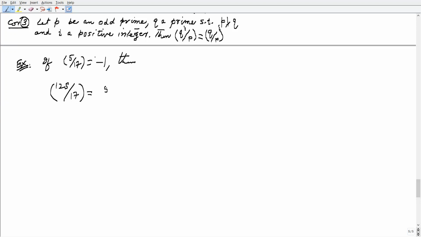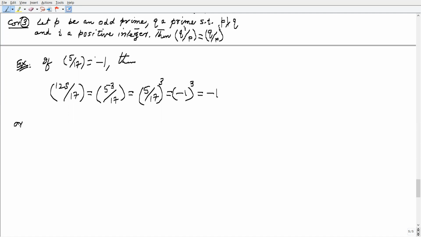This can be written as 5 cube over 17, or the Legendre symbol of 5, whole cube. So this is -1 cubed, and this is -1 again.